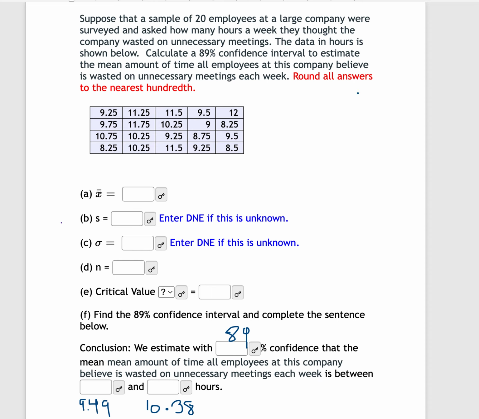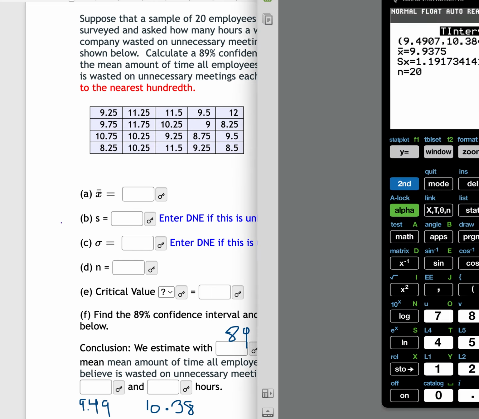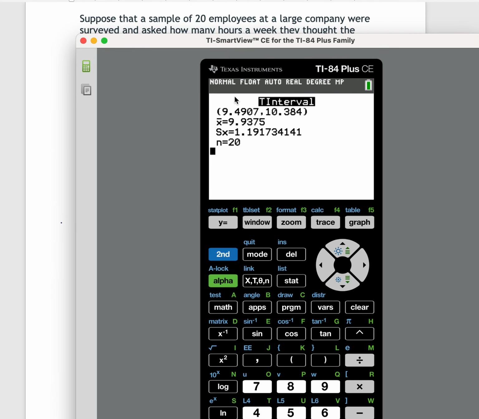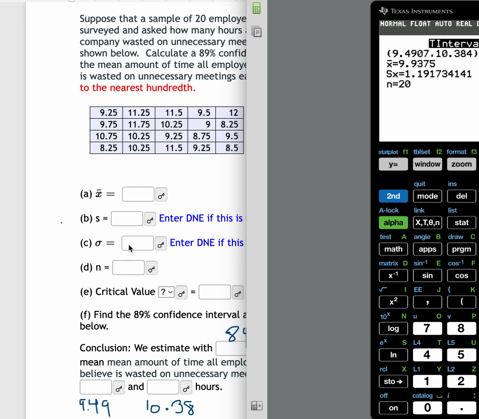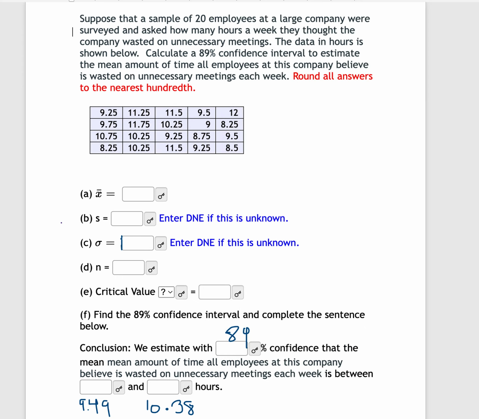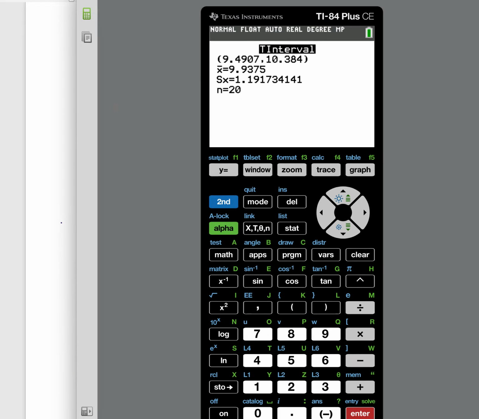Now, when the calculator calculated our interval, it also gave us our mean and our sample standard deviation and our sample size. So we can put all of that in here. And remember, this we do not know. It was not given to us. So this one I'm going to put DNE. Our sample size was 20. We can count that either from this list here, or the calculator counts it for us and puts it as 20 here.